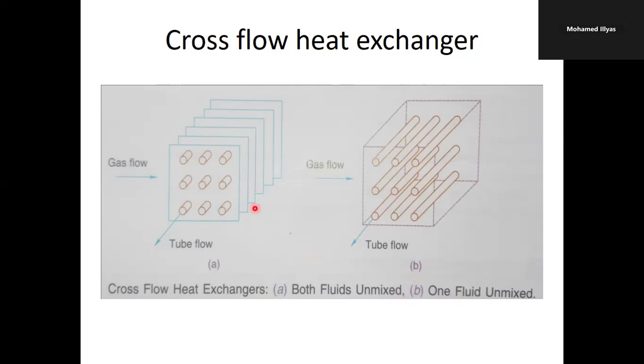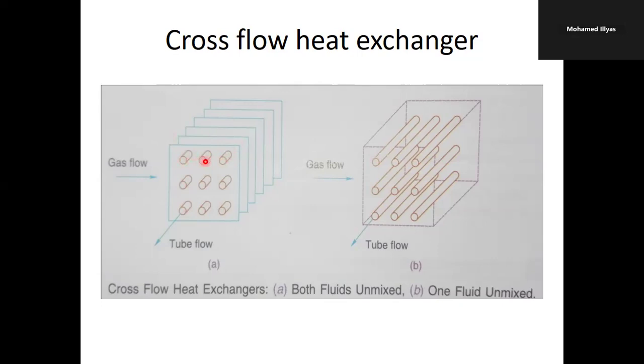In the case of both fluids unmixed, if you see this diagram here, we have tubes and we have plates which carry the gas flow on the other side. By seeing this diagram, we can say that the fluid particles moving through these tubes will not mix with the fluid particles moving through the immediate next tubes.